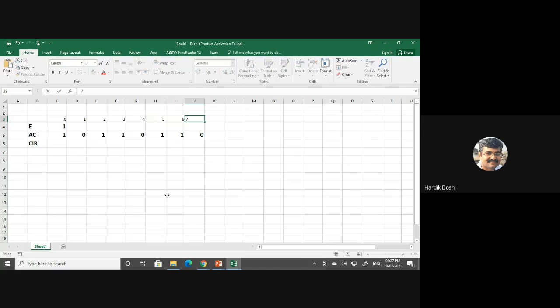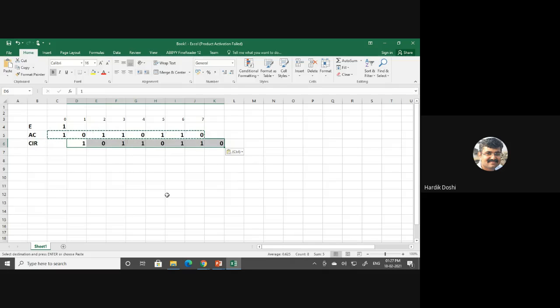So instead of 16 bits, I have taken an example of 8 bits. So what should be the output of CIR? Basically CIR means logical shift right, so all these bits should be shifted by one position like this. Yes or no? But the question arises, what about this 0?